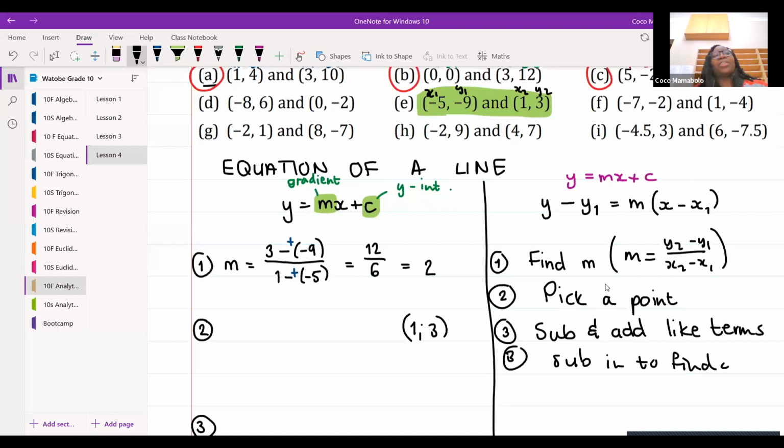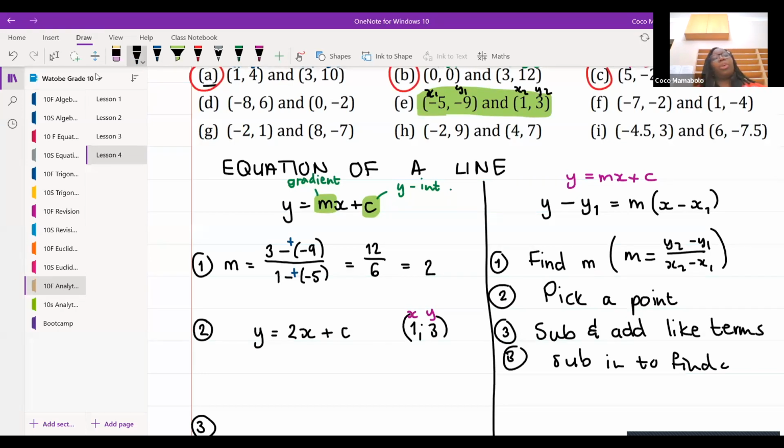Let's talk. I'm going to take y is equal to mx plus c, and I'm going to sub in the value for m. How much is m, Relebogile? 2. So y is equal to 2x plus c. And then we're going to take the point we have. The y is 3 and the x is 1. You agree? Yes. Good.